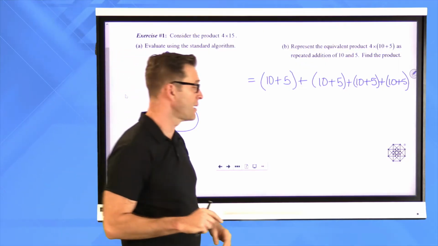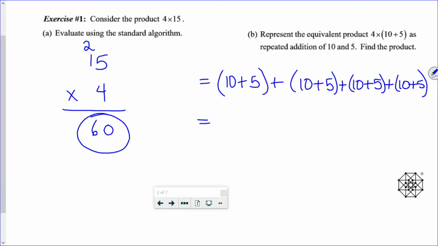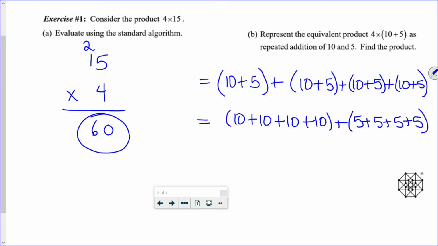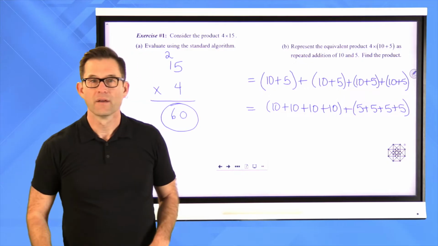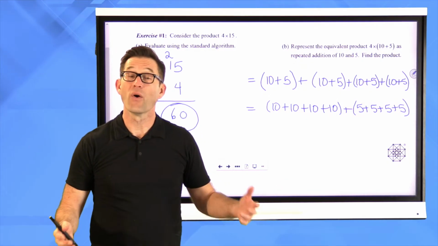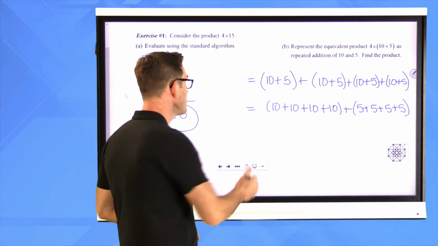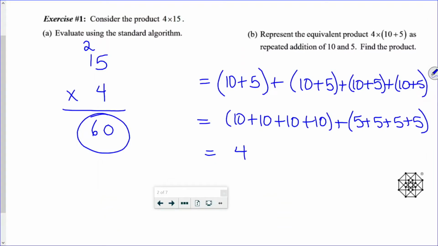So one of the ways I'm going to rewrite it right now is as 10 plus 10 plus 10 plus 10 plus 5 plus 5 plus 5 plus 5. Just rearranging it. And ultimately, what does that mean? Well, I've got 4 times 10 plus 4 times 5.